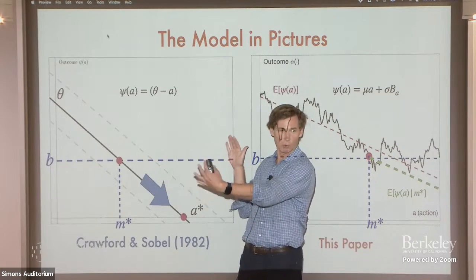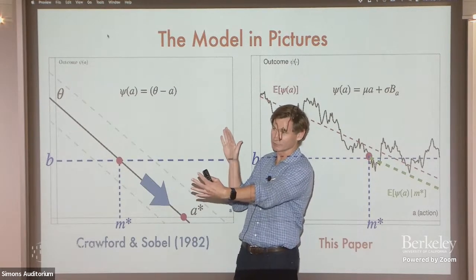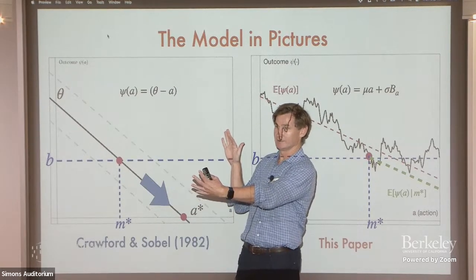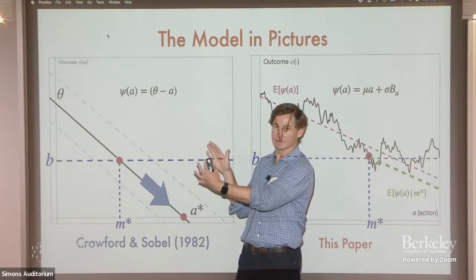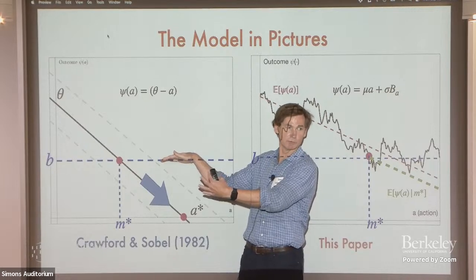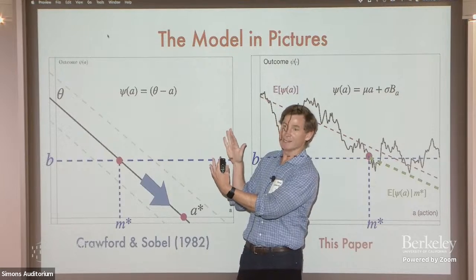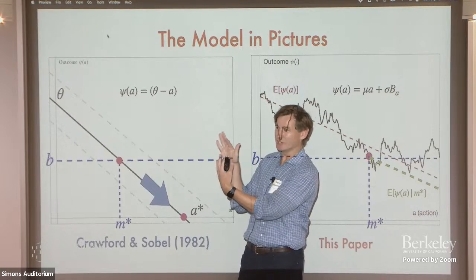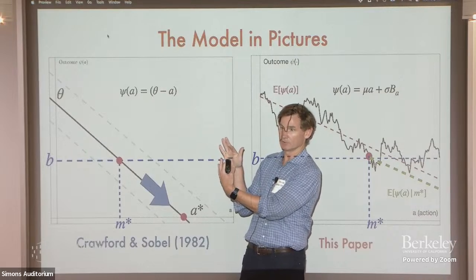So instead of having all actions on the equilibrium path, we reduce it to 2, 3, 4, or some finite number, and we cluster our messages, and we can still get efficient communication as long as the bias is not too big. Right? And that's a beautiful result. But when we do that, we're communicating inefficiently, right? Because we're adding noise to our message. So that's the inefficiency in the classic Crawford-Sobel result.